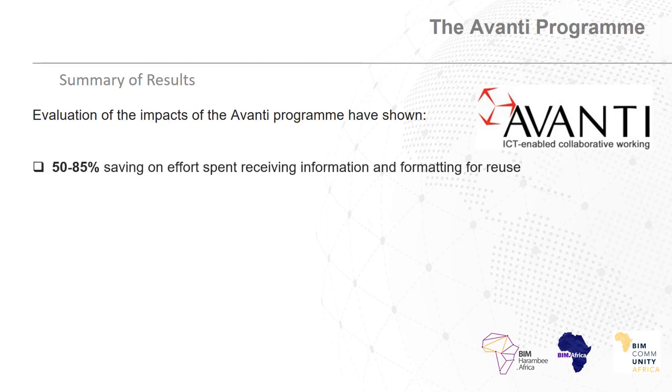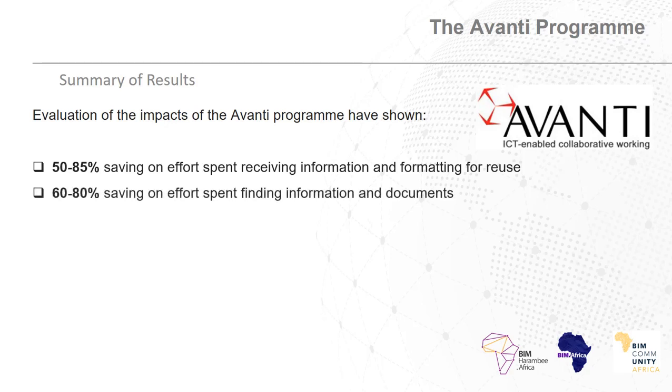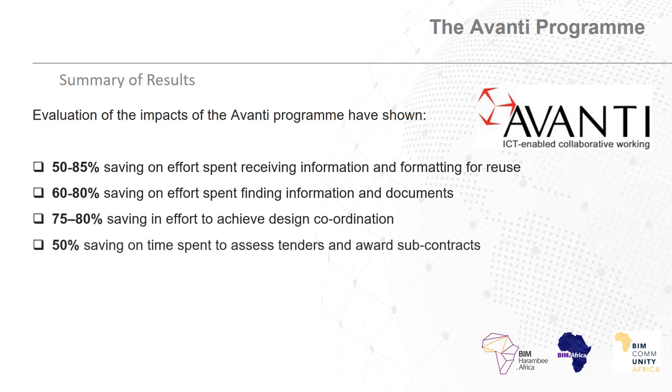There was a 50 to 85% saving on effort spent receiving information and formatting for reuse, a 60 to 80% saving on effort spent finding information and documents, a 75 to 80% saving in efforts to achieve design coordination, a 50% saving on time spent to assess tenders and award subcontracts, and a 50% saving on efforts in subcontract design approval.